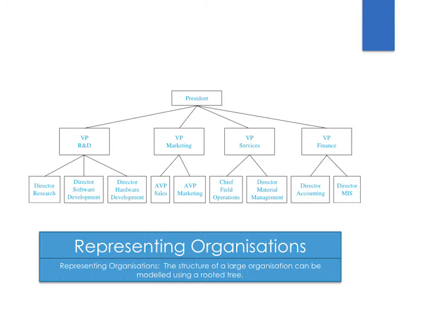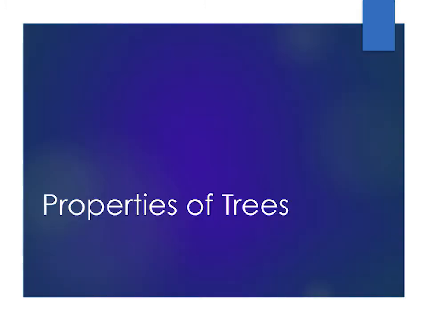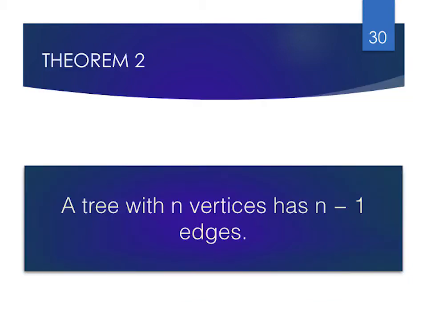In the organization represented by this tree, the Director of Hardware Development works directly for the Vice President of R&D. We will often need results relating to the number of edges and vertices of various types in trees, as we can see from the following theorem. A tree with n vertices has n-1 edges.